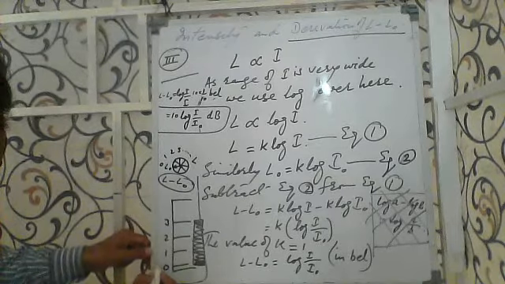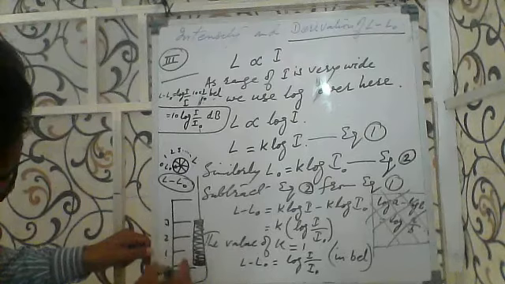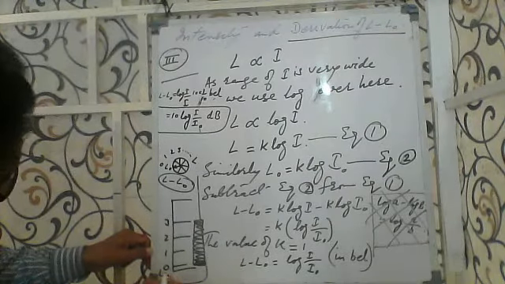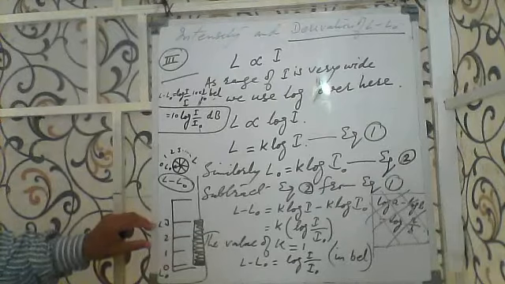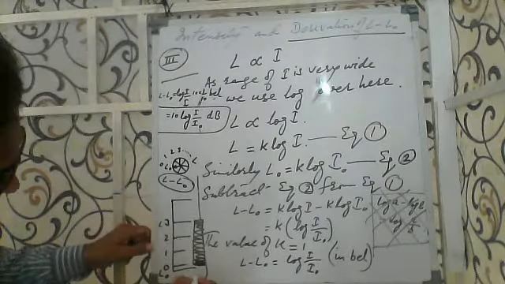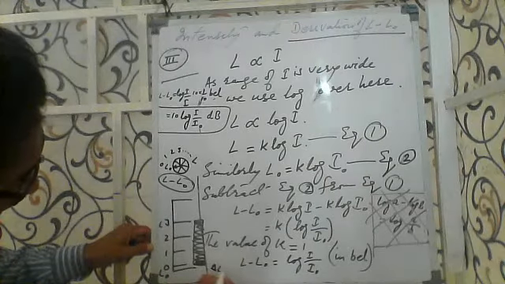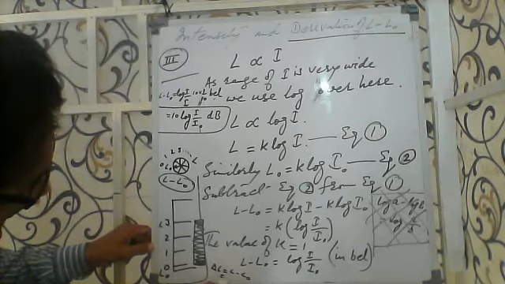If this is showing the length, say L naught, and this is some length L, basically you find the length delta L is equal to L minus L naught, or you say 3 minus 0 is equal to 3 centimeter.